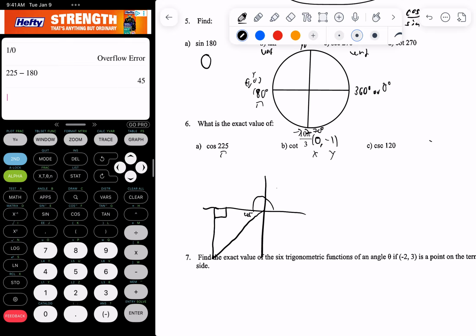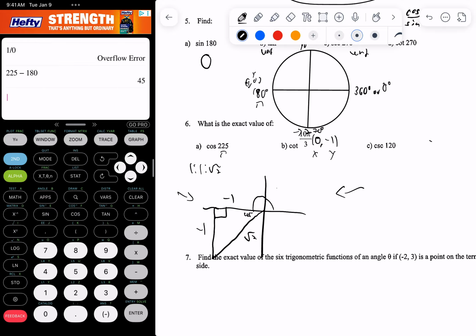In a 45, 45, 90, it's a 1, 1, rad 2. But see how they're both on the negative side? Because they're to the left, it's going to be -1, -1, rad 2. And the rad 2 is always on the hypotenuse, the diagonal part, the longest line.